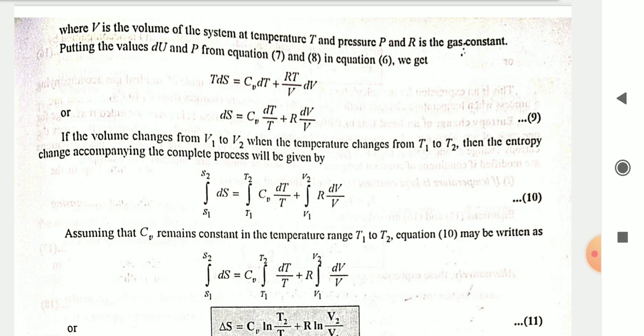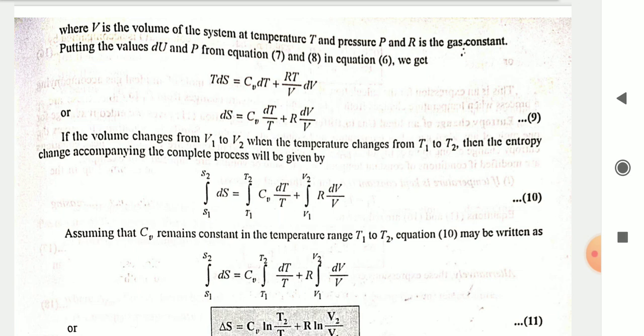Putting the values of dU and P from equations 7 and 8 in equation 6, we get TdS is equal to Cv dT plus RT by V dV. So dS is equal to Cv dT by T plus R dV by V.